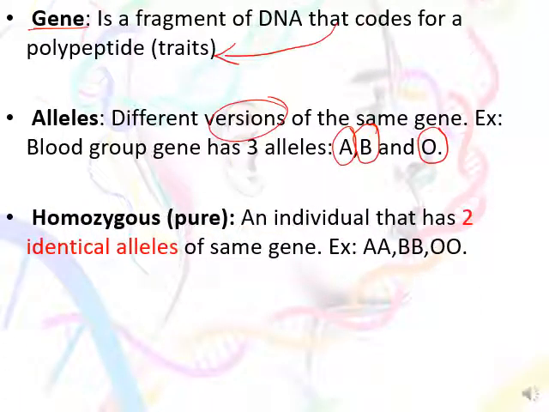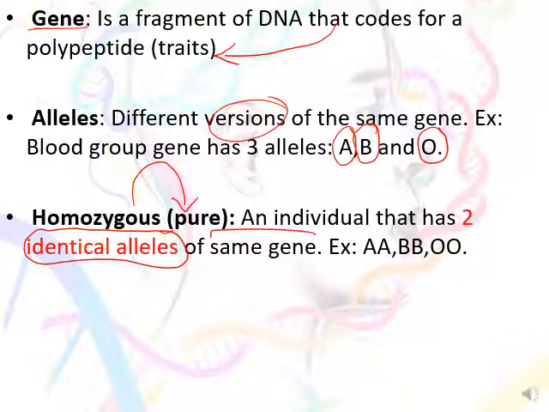What is the meaning of a homozygous individual? A homozygous individual, also called pure, is an individual that possesses two identical alleles of the same gene. Let's take the example of the blood group.